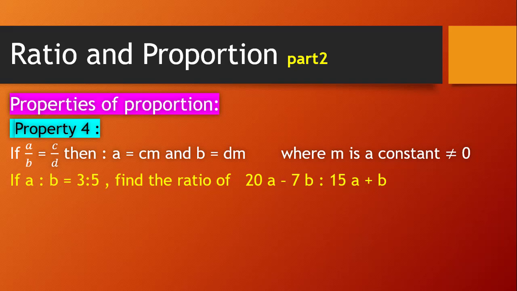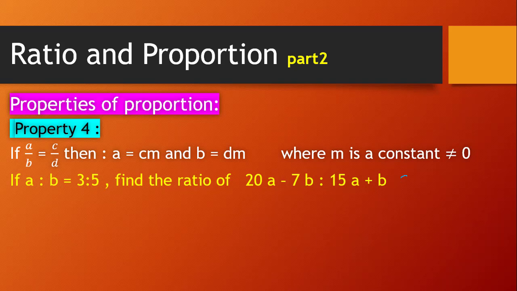Okay, let's take this exercise. For example, here a to b equals 3 to 5. Find the ratio 20a minus 7b to 15a plus b. In this case, I want to substitute instead of a and b. Here a will be equal to 3m and b equals 5m.